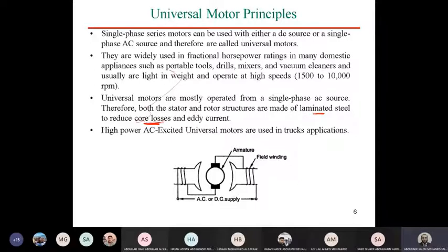Also, comparing the brush resistance, it will be different a bit in universal motor because it needs to limit the AC current also. Right. High power AC excited universal motors are used in trucks application, but this is rarely found in Japan. For high power used in trucks, you can rarely find now universal motors used in trucks.